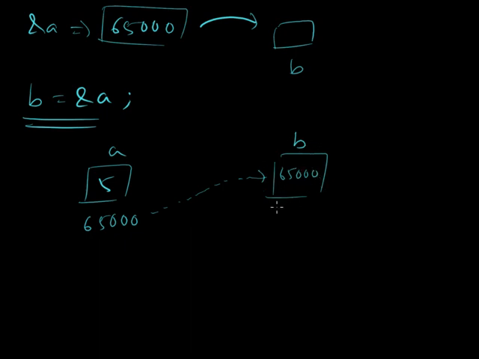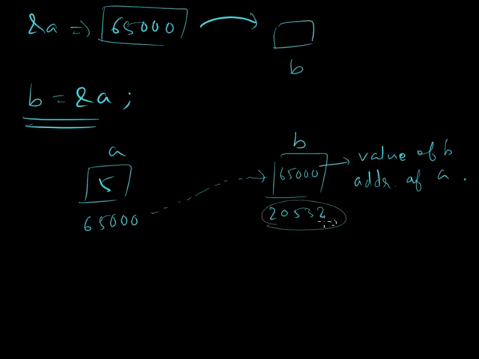Let us assume that this address is maybe 20,532. Now this is the value of b, but this is also the address of a. What I'm trying to show you is a pointer, actually, literally. This is the address of b.